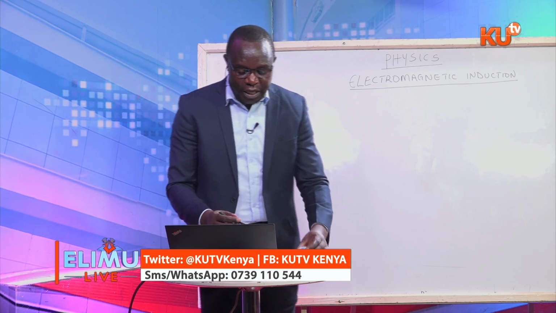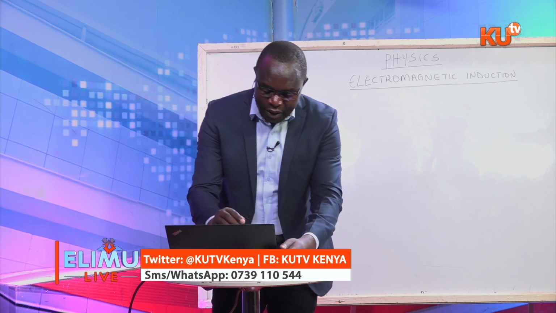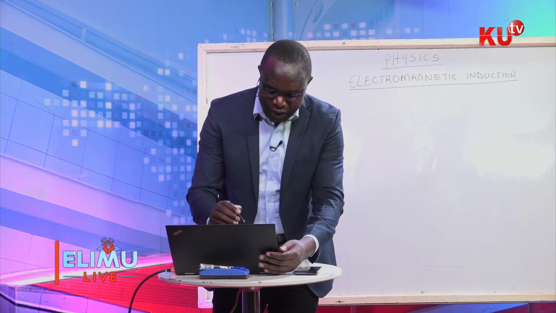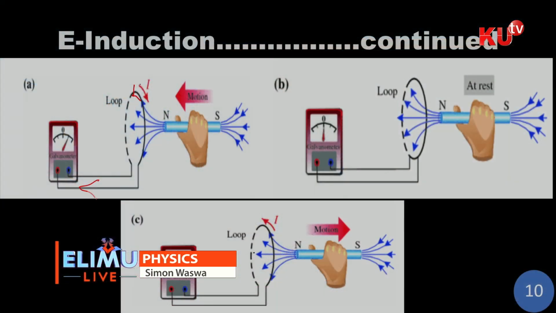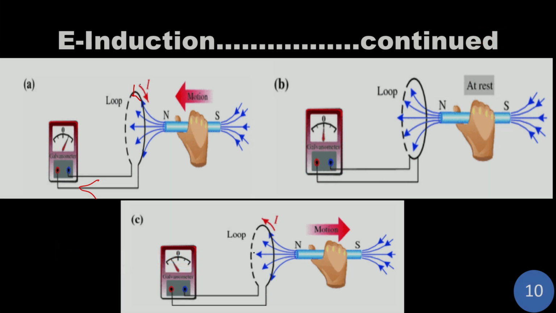Now, for part A, the charges deflect in that direction, and then current flows in that direction. And so the pointer also moves in the direction of the current. For part B, there is no induced energy in the coil, so the pointer rests at 0. For part C, we have the bar magnet, the cylindrical magnet, being pulled out of the coil.